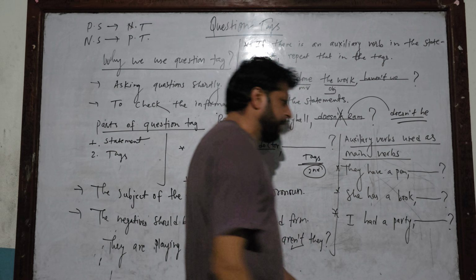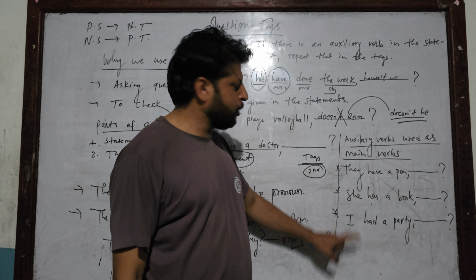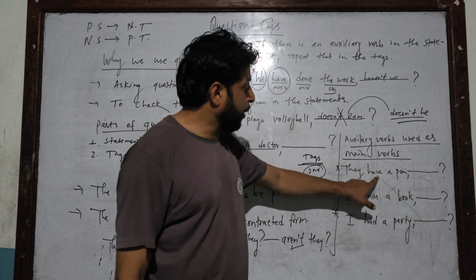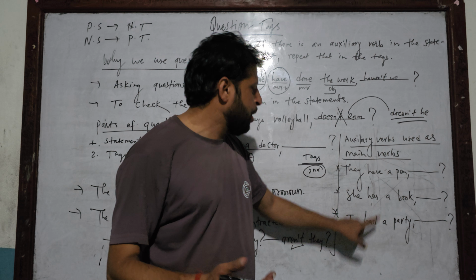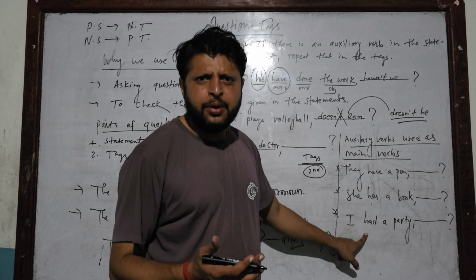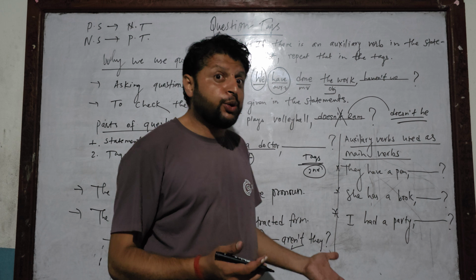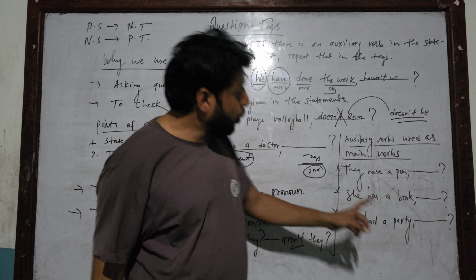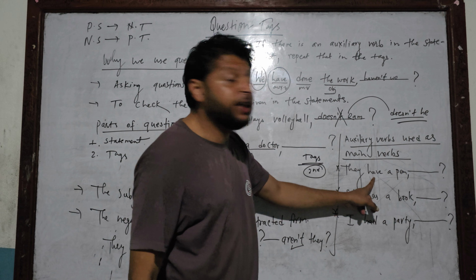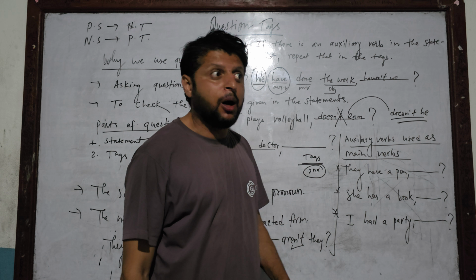So look at here, these three different statements. We know that have is an auxiliary verb. We know that has is an auxiliary verb. We know that had is an auxiliary verb. But what we generally do is repeat the auxiliary verb. But though they are auxiliary verbs used here in this statement, they are not used as auxiliary verbs.